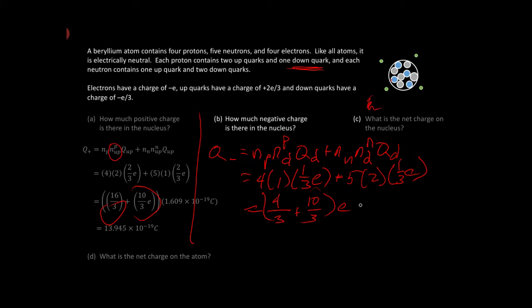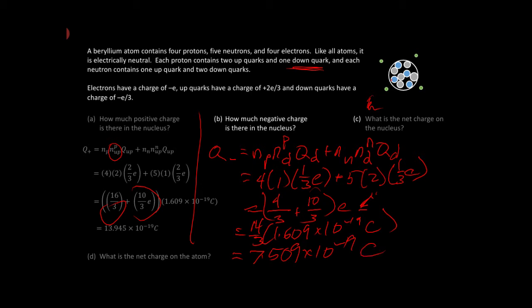So then, let's go down here: 14 thirds times that 1.609 times 10 to the minus 19 coulombs. Basically, we've done the same trick. And we then get 7.509 times 10 to the minus 19 coulombs.